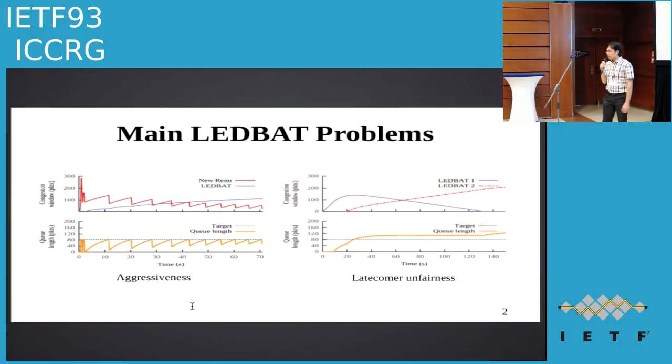In this scenario, LEDBAT does not yield enough to TCP and gradually takes over the link capacity. On the right side is the latecomer unfairness problem of LEDBAT. In this problem, a latecomer LEDBAT flow can starve ongoing LEDBAT flows. Next.